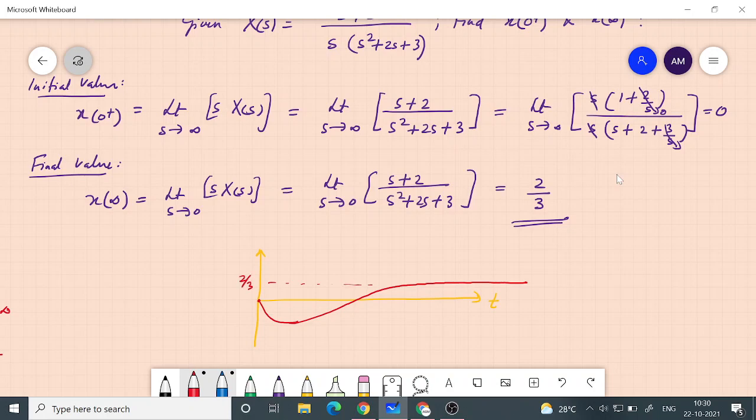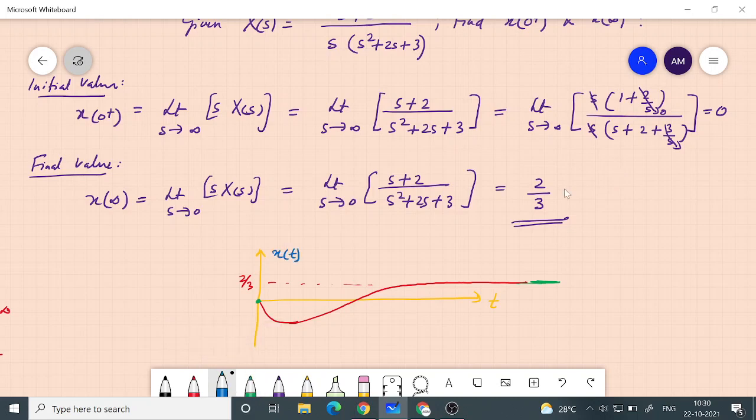The final value is 2 by 3, the initial value is 0, and the final value is far away. This 2-point information, that is initial value and final value, tells where it starts and where it ends. So this is our answer.